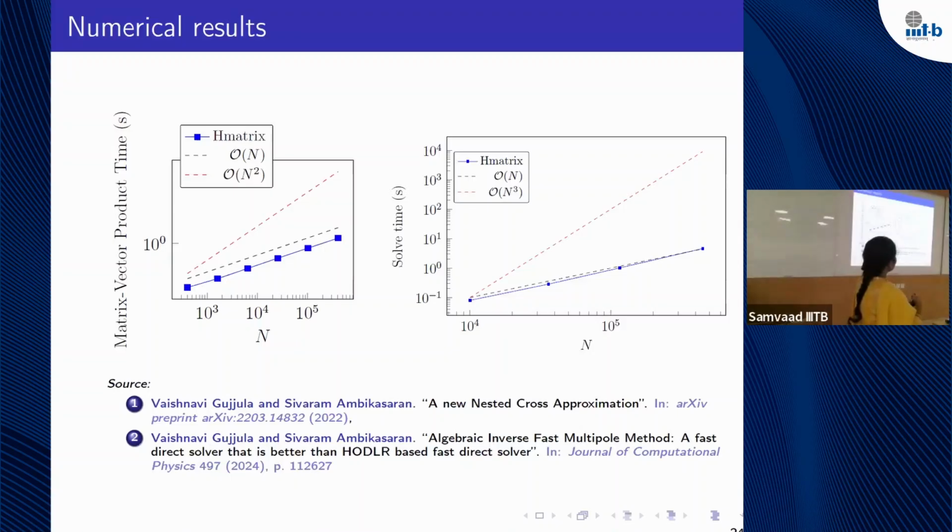The red one is the naive complexity, and the blue one corresponds to what you get if you had used the hierarchical matrix structure. So let's look in a very brief manner at a few open problems which we can work on by using what we have seen till now.